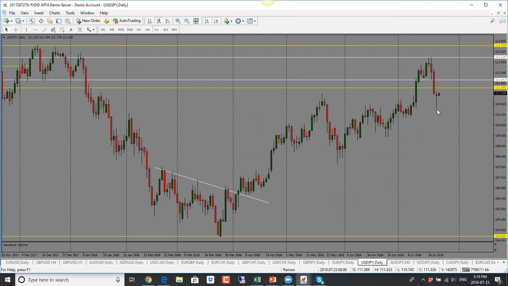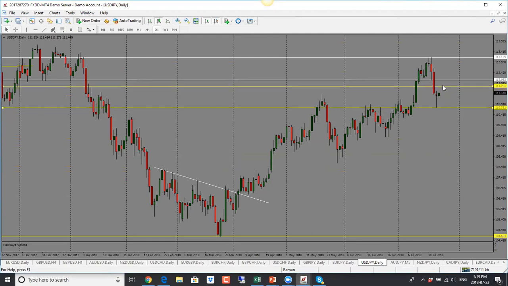Dollar yen, this one we had seen a drop, but now there's a pullback here, which shows the rejection of the support level. So there's still bearishness in that candle. So we have to be careful. This one can go either way. Because there is a big pin in the bottom, that would suggest that price wants to move up higher. So I would look for price to go higher into the 111.80 level.